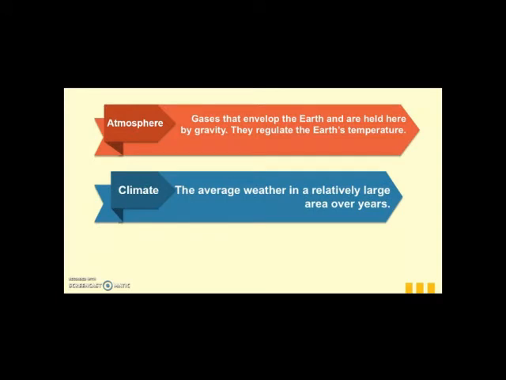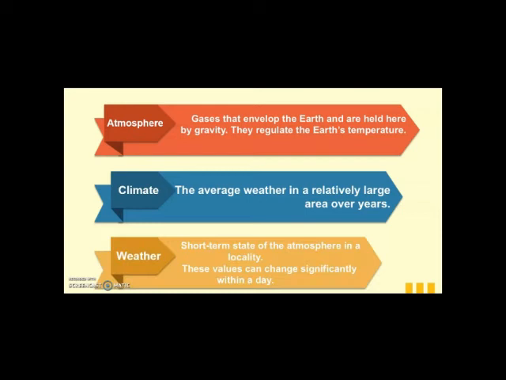Climate is the average weather in a relatively large area which changes over many years. On the other hand, the weather is the short-term state of the atmosphere in a locality. The values of the weather, such as temperature, humidity, and precipitation, can change significantly within a day.